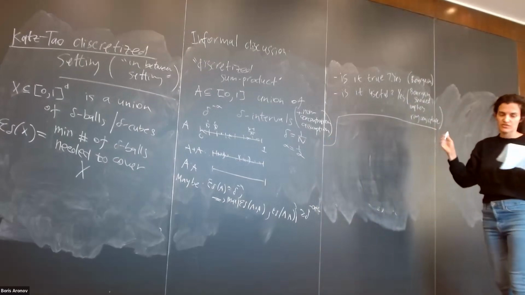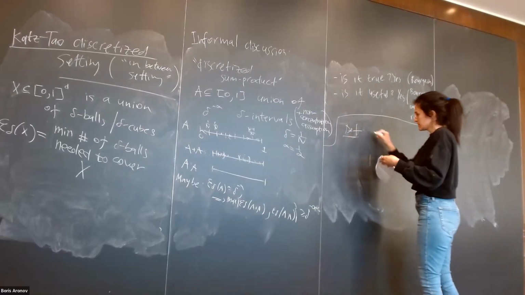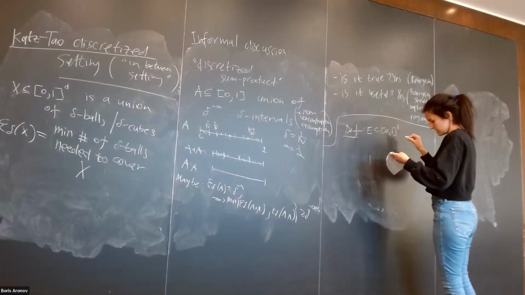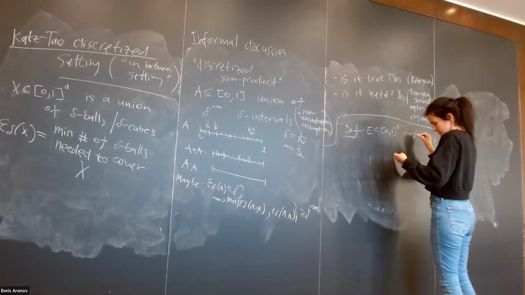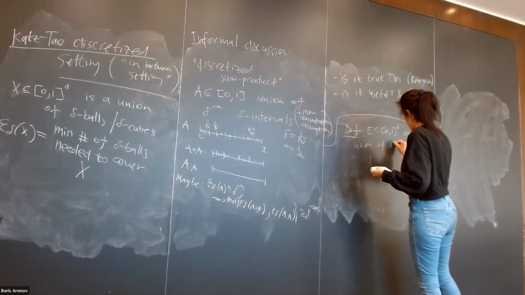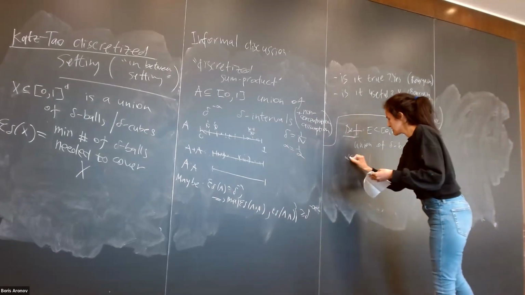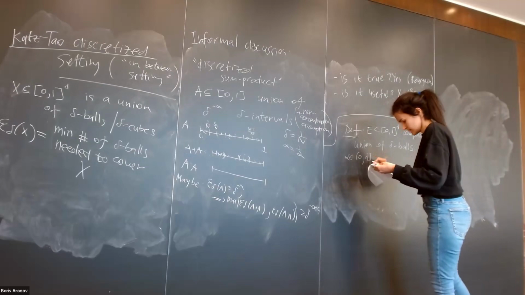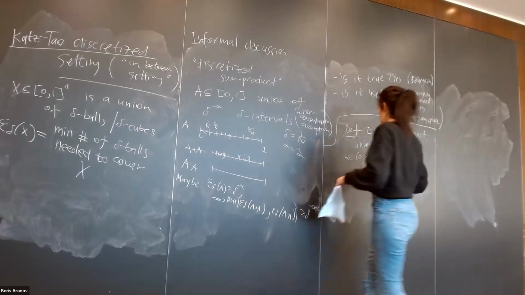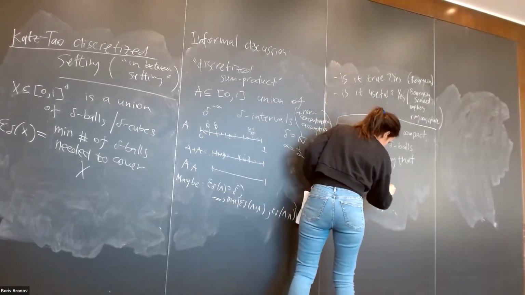First, let's define this non-concentration more formally. Definition: if we have a compact subset E of the unit cube in R^d, a union of delta balls, and alpha is between 0 and 2, then we say that E is a (delta, alpha) set.